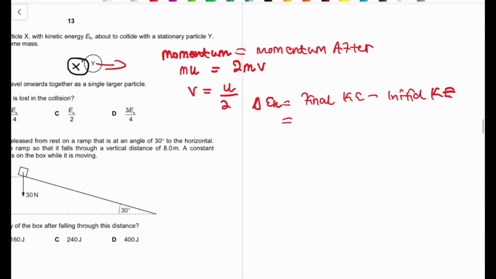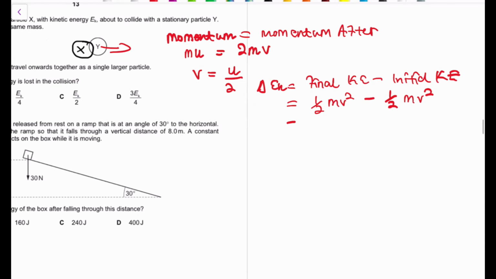The final kinetic energy is going to be 1/2 mv squared, and the initial kinetic energy, again, is 1/2 mv squared. But in this case, is our mass changing? No, the mass is still m, and our velocity is u squared. Minus, in this case, 1/2, but our mass is now 2m, and the velocity is now u over 2 squared.